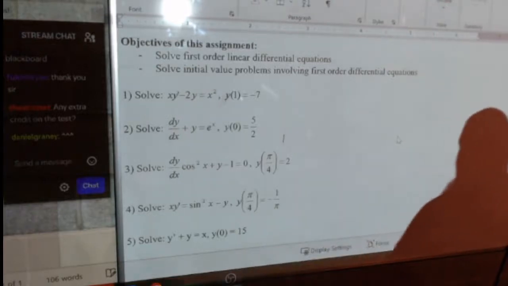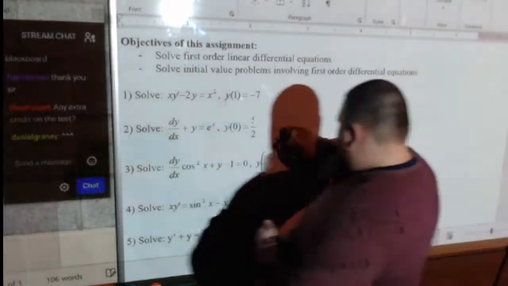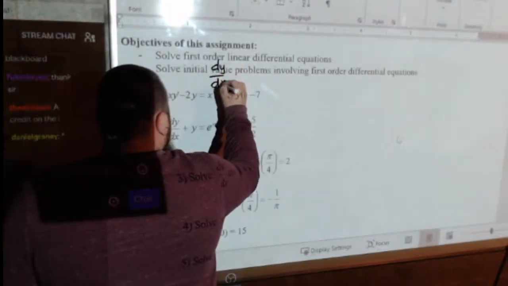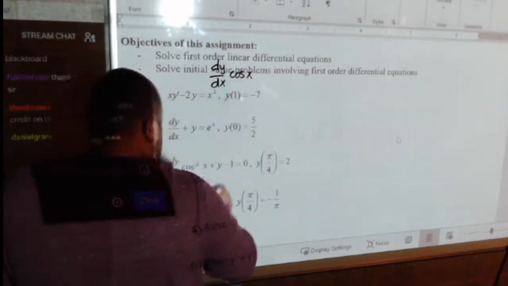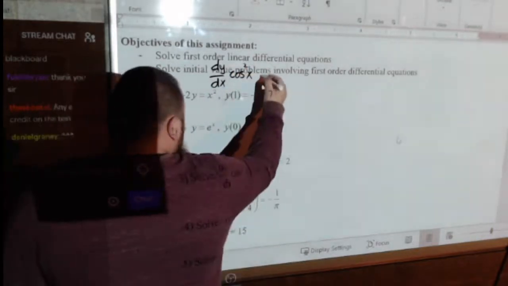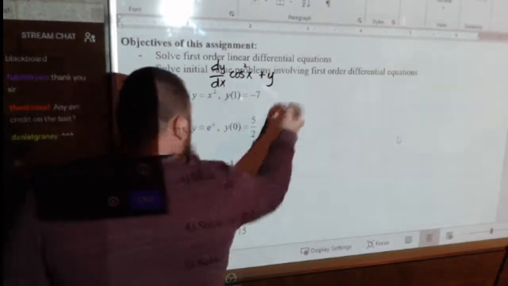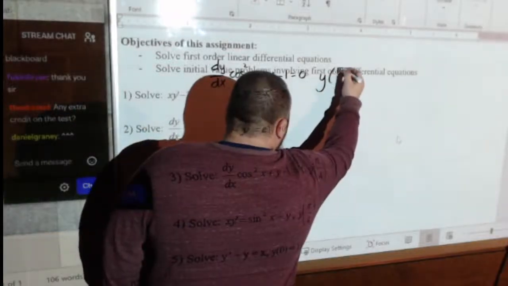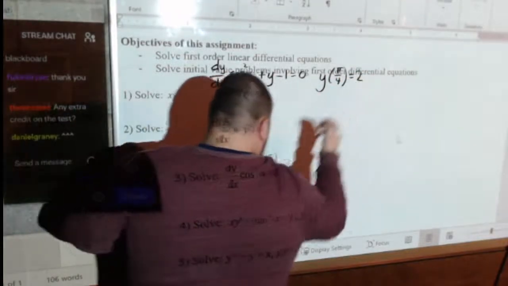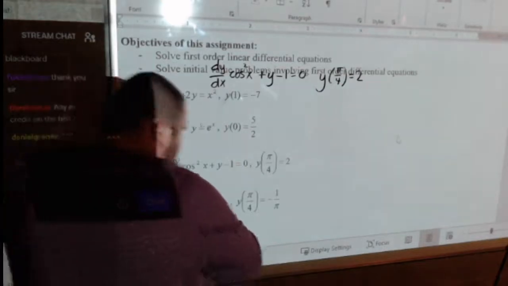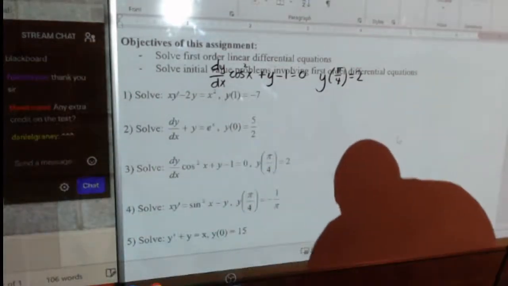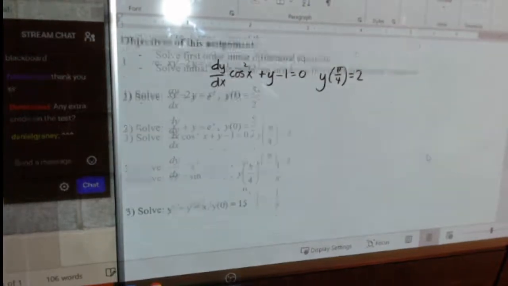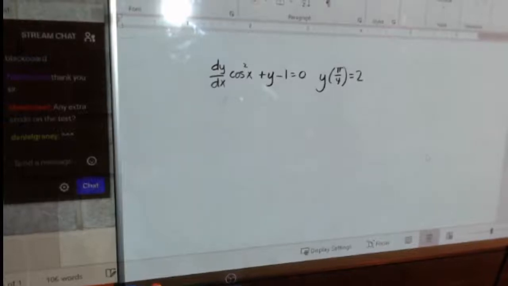So let me just jot this down at the top here. y dx cosine x squared plus y minus 1 equals 0, y of pi over 4 equals 2. Alright, so let me just go ahead and get that off the screen. Okay.